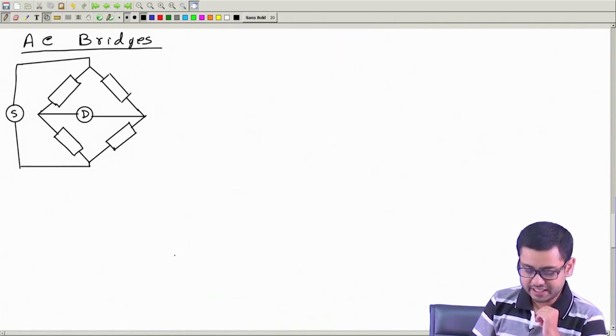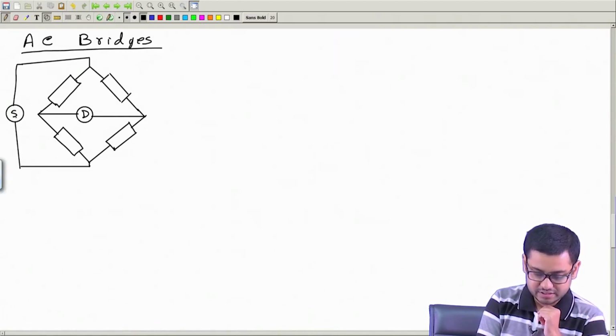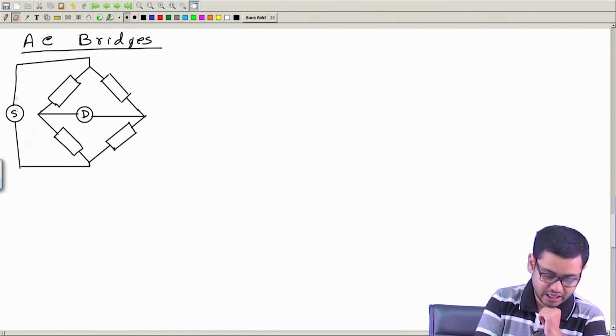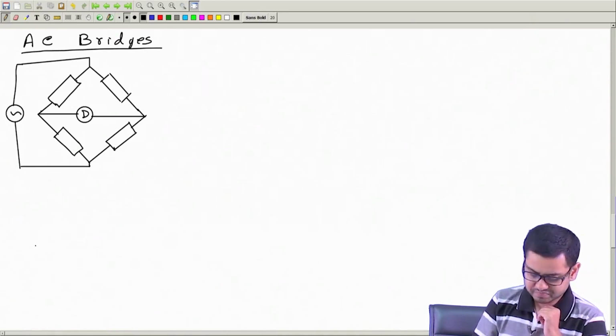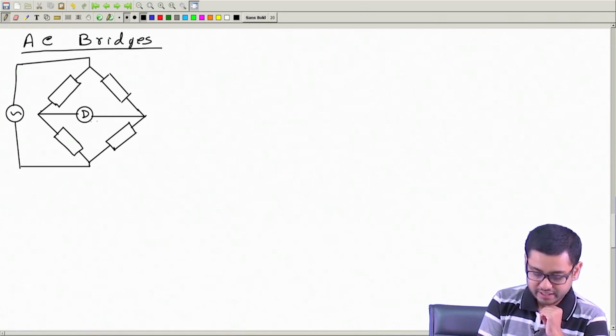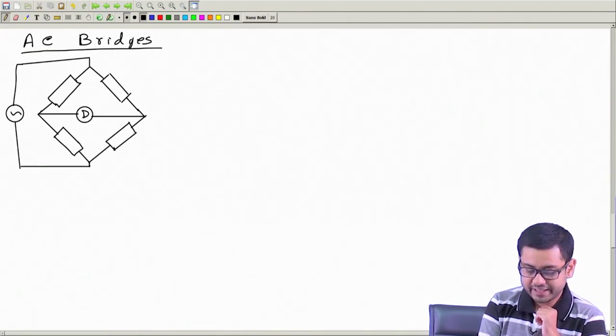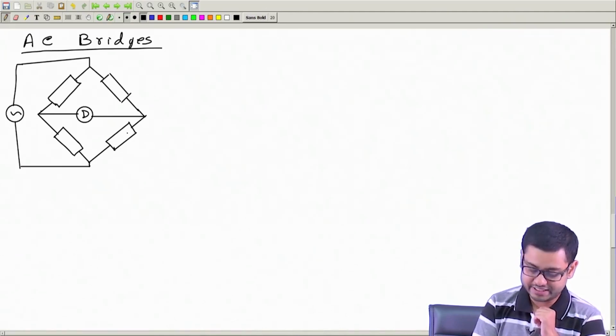In case of an AC bridge, we just need an AC source, of course. So, this becomes an AC source. This detector should also be a suitable one which will work for AC voltages or currents, and these boxes can now be any impedance, other than or even including resistance.